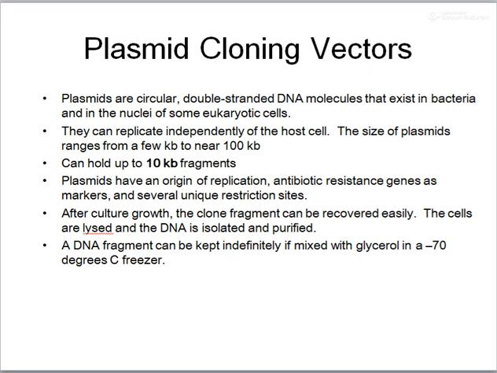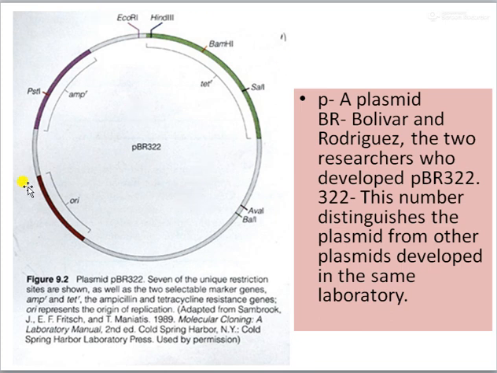Now, you might think all these characters are fussy and vague until you see a vector. So let me show you a plasmid vector. You know what is a plasmid? These are extra chromosomal genetic materials, and they code for various characters in the case of bacteria.